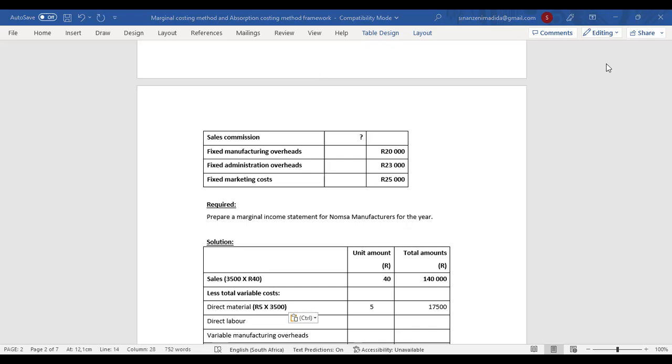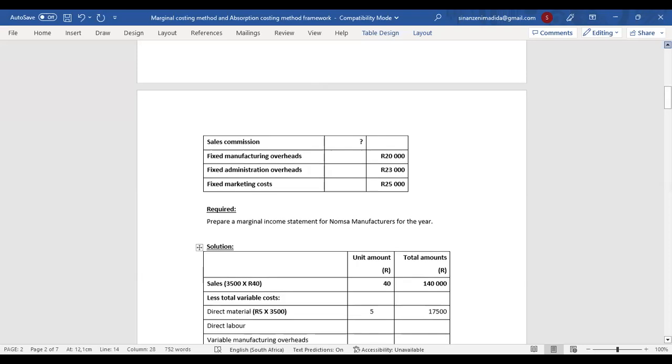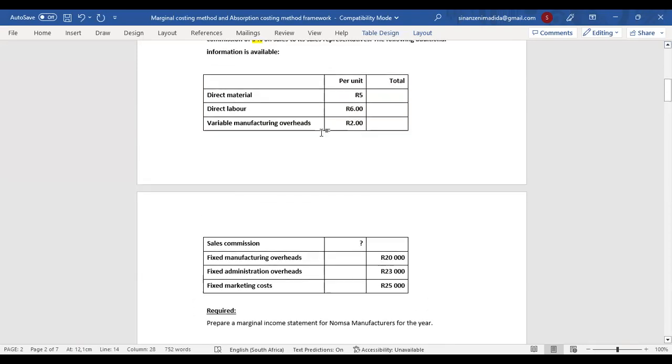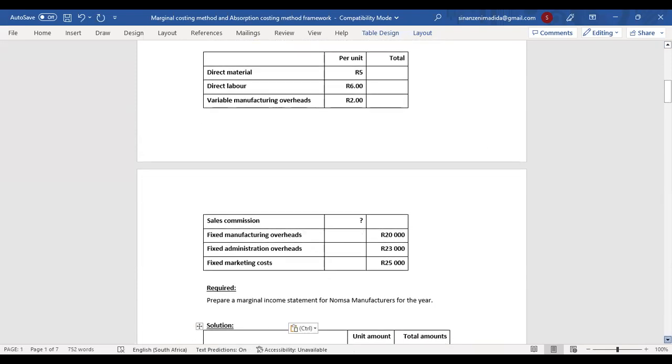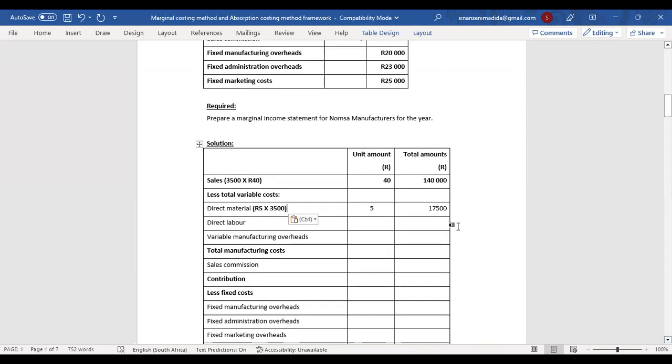Our direct labor is given from the information. It's written, guys. It's going to be provided. Direct labor, it's 6 rand. You put per unit, we have got 6 rand.